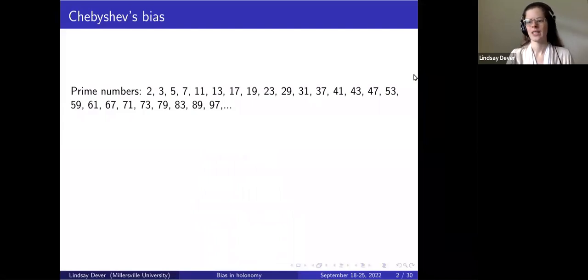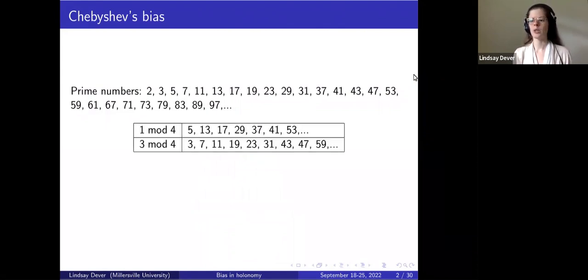Okay, so first I want to start off with an analogy. So this is the regular old prime numbers. And what we're going to do is we're going to sort them into two categories. So we'll sort them into categories of primes that are congruent to 1 mod 4 and primes that are congruent to 3 mod 4.